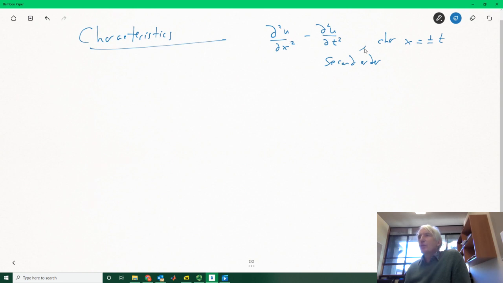Remember, we had 2 variables, which gives rise to 2 characteristics. And you need to have the solutions carried on both. You can't solve unless you carry it on both characteristic lines. You can't work out the solution. Okay, let's leave that.